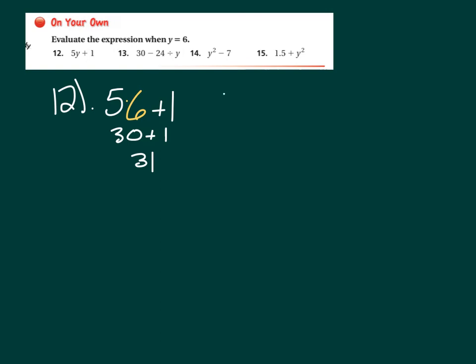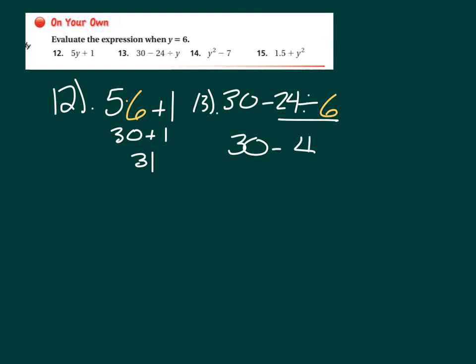Number 13, we have 30 minus 24 divided by 6. Again, order of operations says that we have to divide 24 by 6. So we have 30 minus 24 divided by 6 is 4. 30 minus 4 is 26.